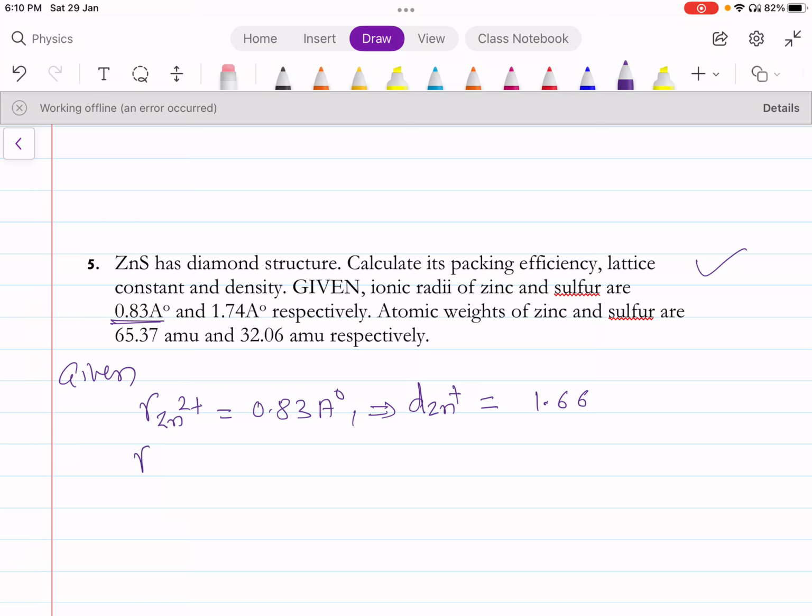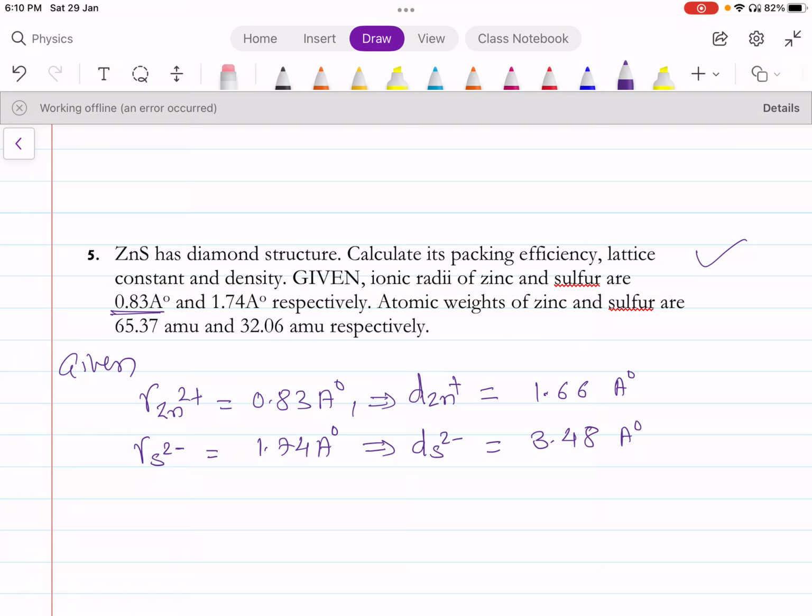Similarly, radius of sulfur is given, which is equal to 1.74 angstrom, and so the diameter of sulfur is equal to 3.48. Of course, this is in angstrom.